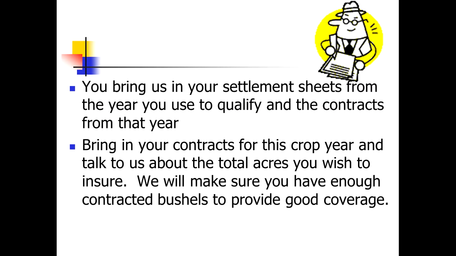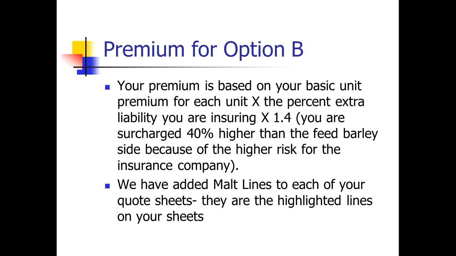So the premium for option B, it's kind of an expensive insurance. The risk is relatively high for them too, of course, because there are multiple ways they'll have to pay you, right? So you have to pay an extra 40% above what the feed barley premium would be for the comparable liability.